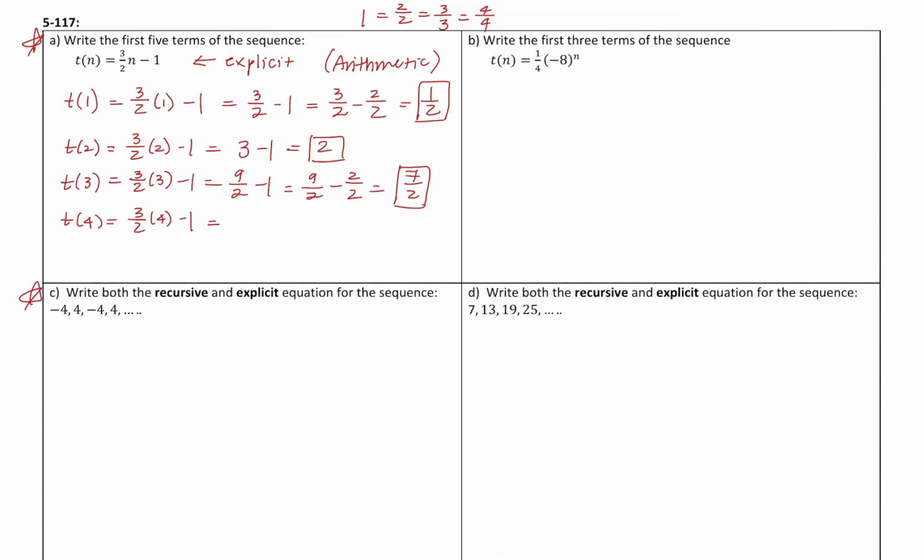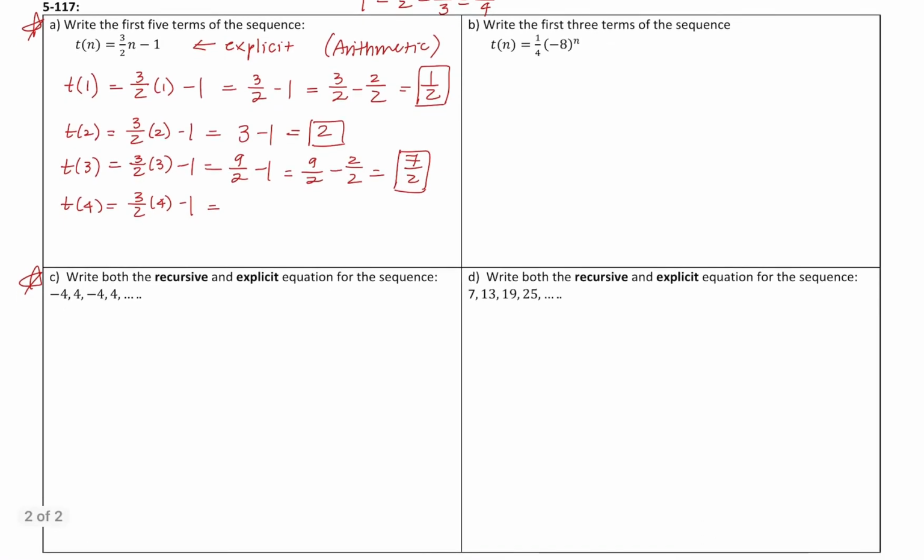Now, as for the bottom part, part C, I'm going to show you part C because B and D are quite similar. In part C, you're given a sequence and you have to write both the explicit and the recursive. Let's always first find the pattern. In this case, it seems like it's multiplying by -1.